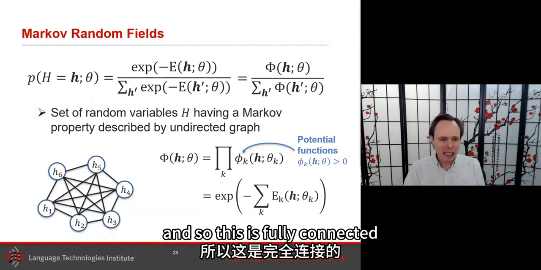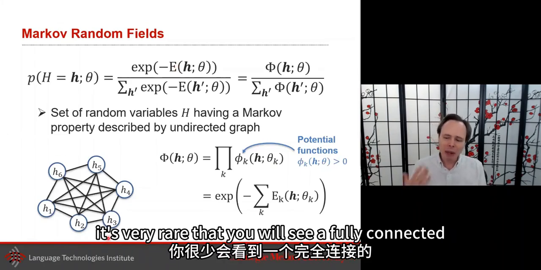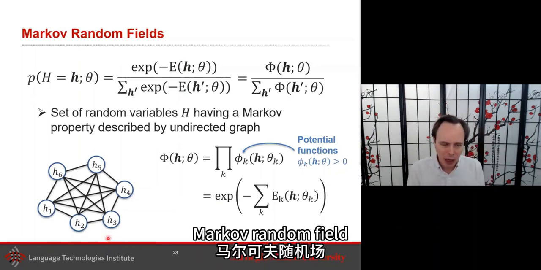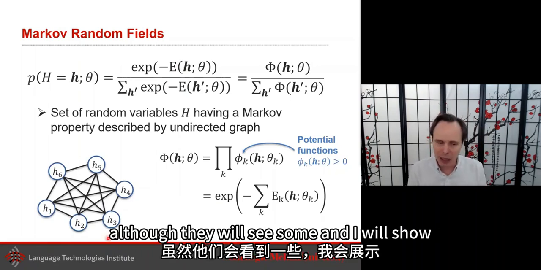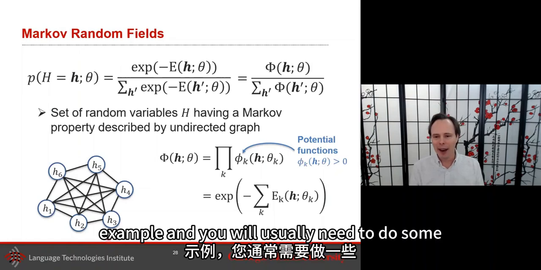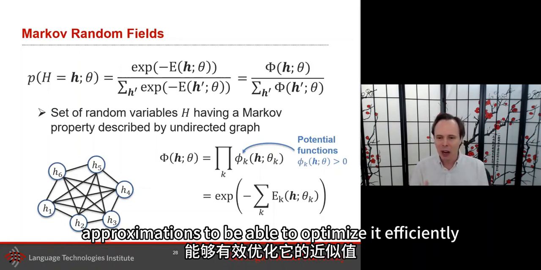The reason for this naming convention really comes from the Boltzmann machine originally. And so this is fully connected. It's very rare that you will see a fully connected Markov random field, although you will see some, and I will show an example, and you will usually need to do some approximations to be able to optimize it efficiently.